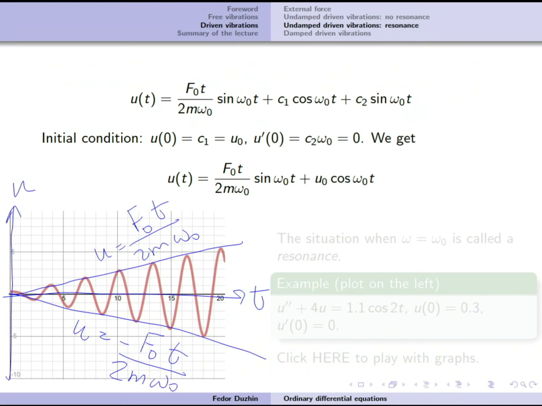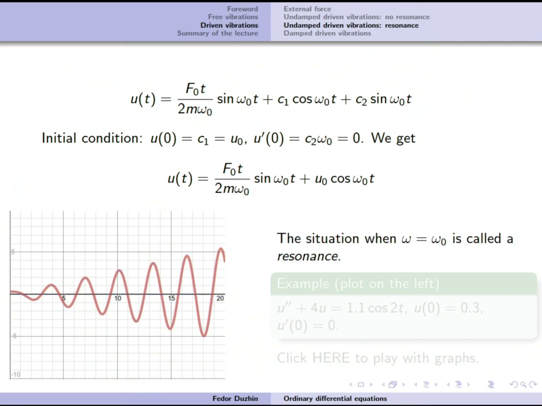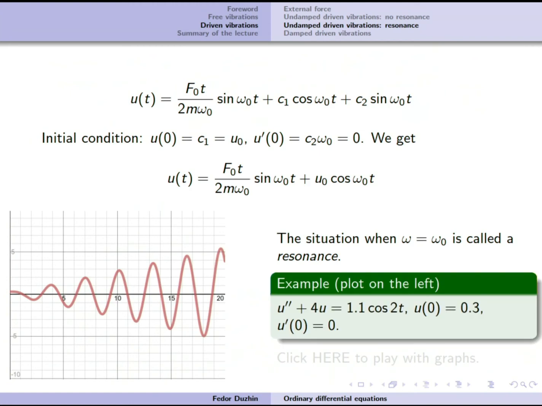Right, so in case of a resonance, when the frequency of the driving force is the same as the natural frequency, oscillations linearly increase in amplitude.